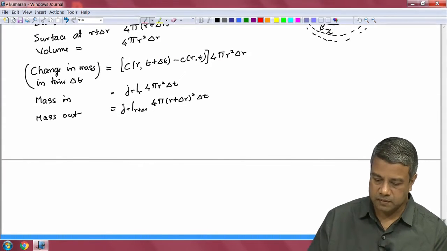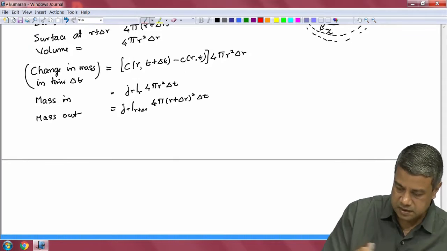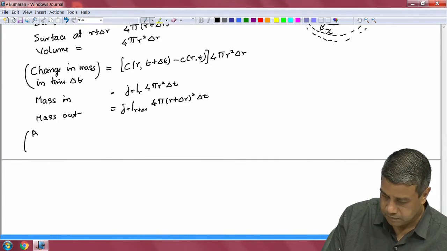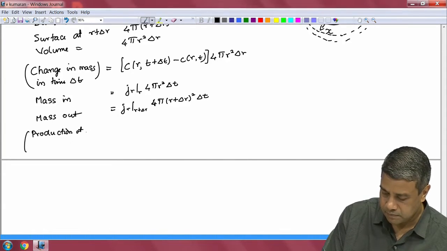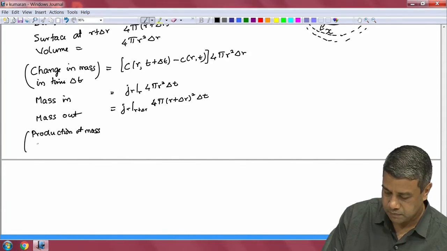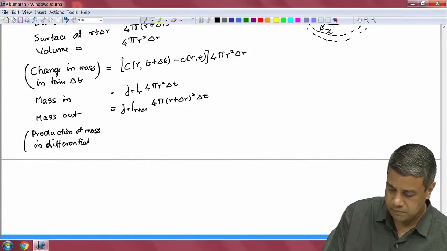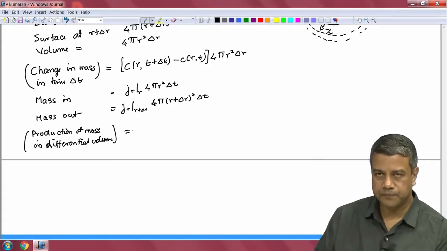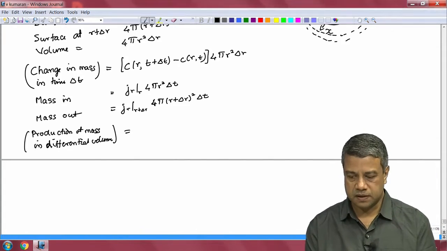And finally, I can have a mass source, the production of mass in the differential volume.